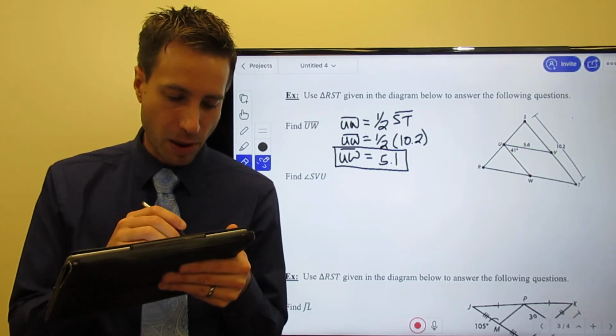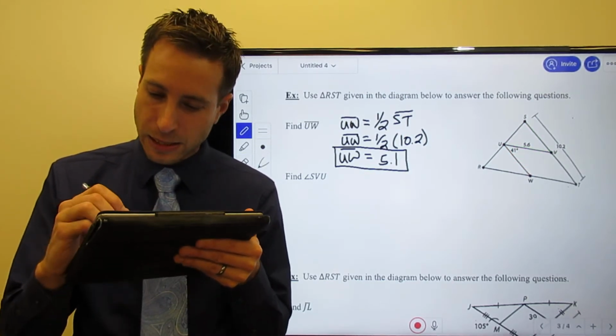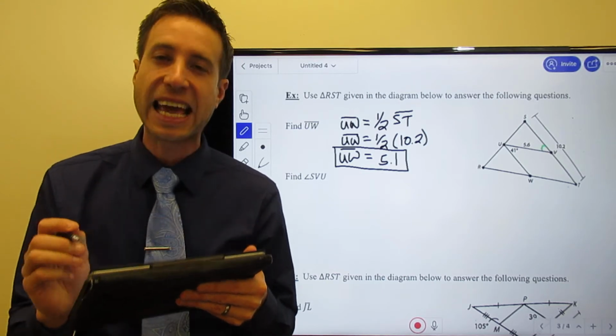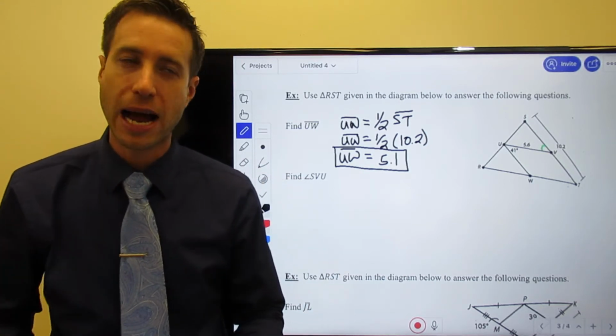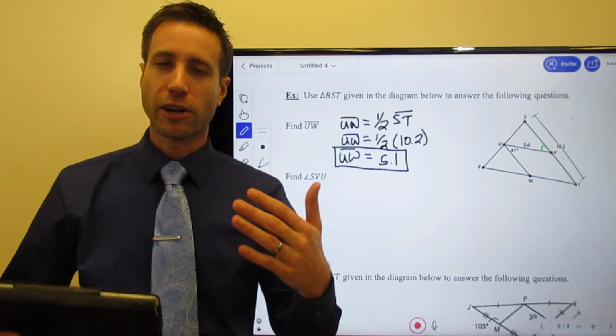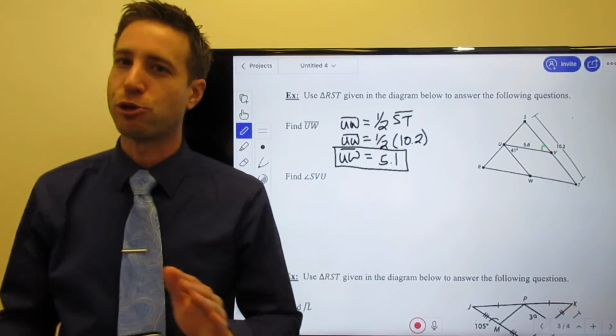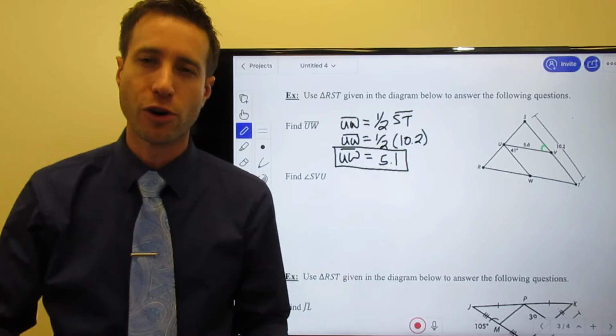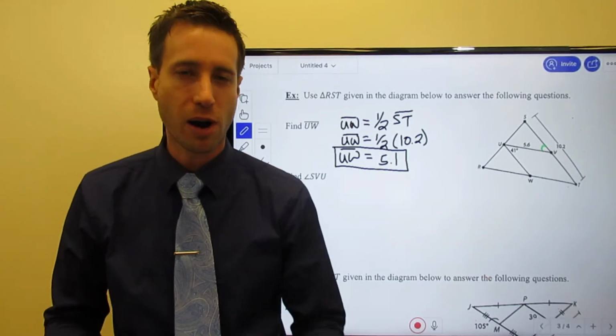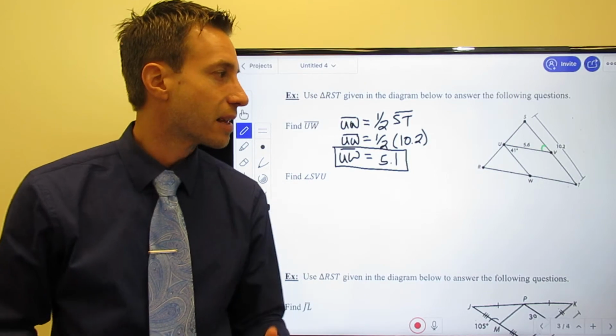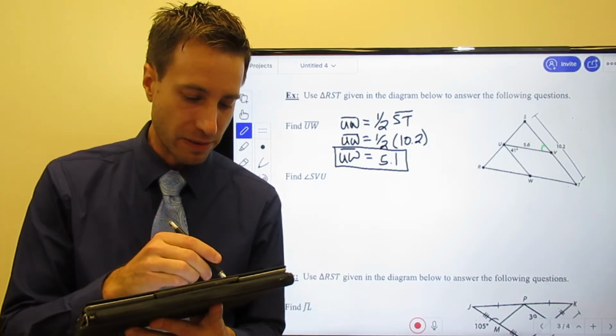I really like this problem a lot because it takes us back again to a previous chapter. This is a very common theme here, right? Stuff that we've learned in previous chapters just keeps showing up over and over again to help us solve problems. This is no different. Let me show you how this is something from a previous chapter.